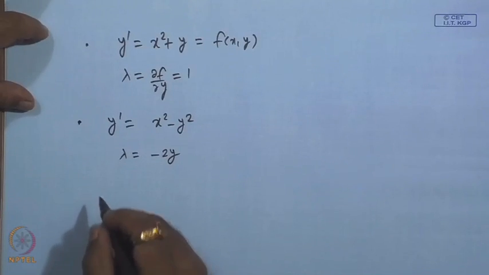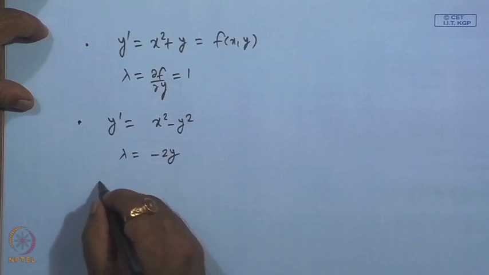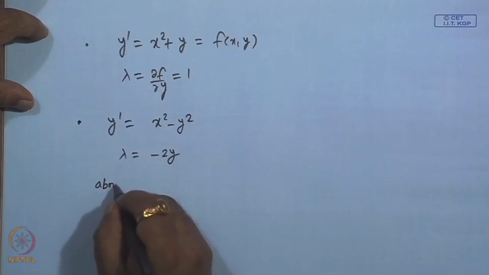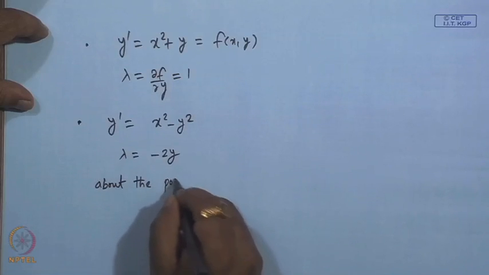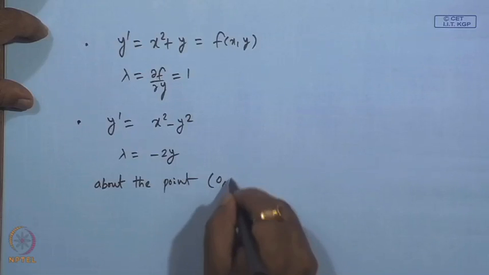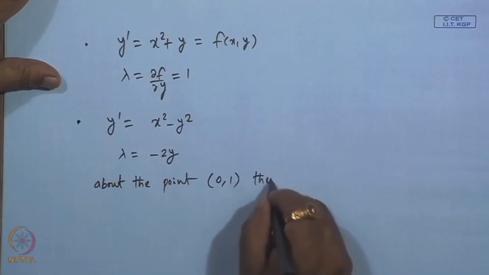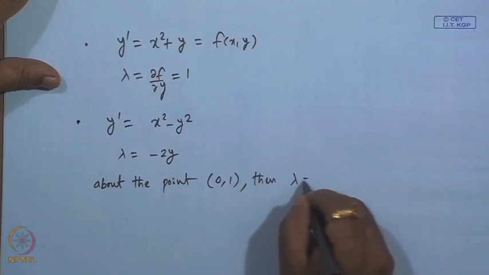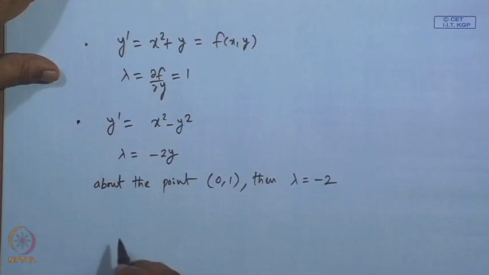Okay. So, now suppose we would like to analyze about the point 0, 1, then lambda is minus 2, okay.